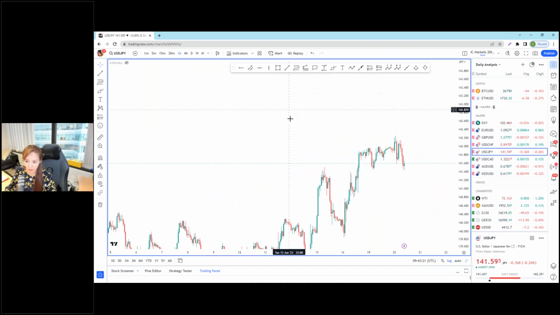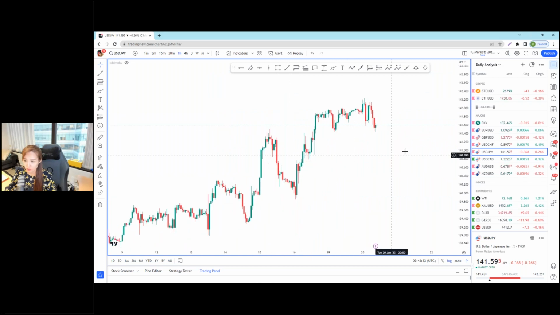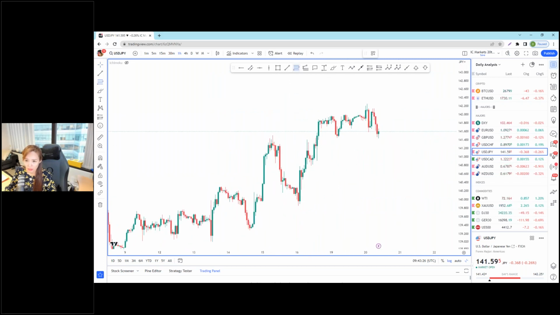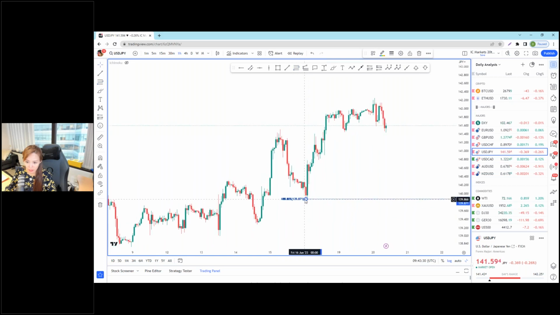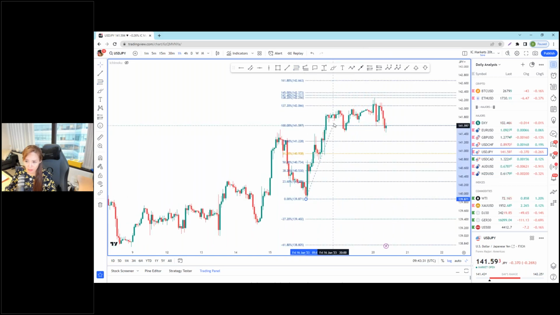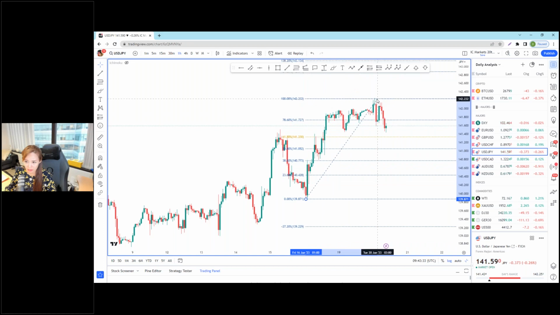For example, here if I draw Fibo, 100% is my starting point. My ending point is this, my recent high. So 61.8%, that is a key.